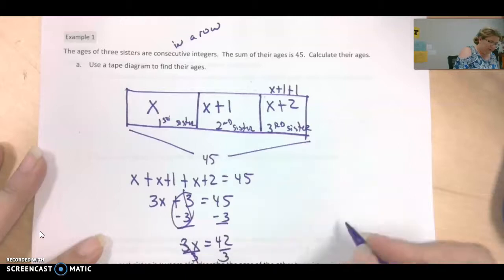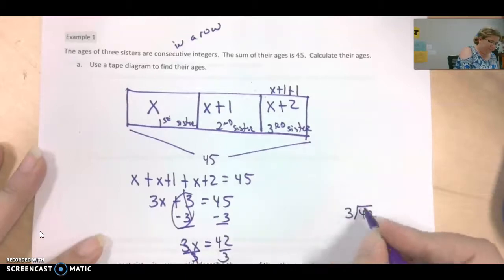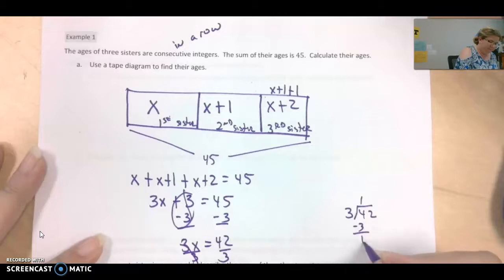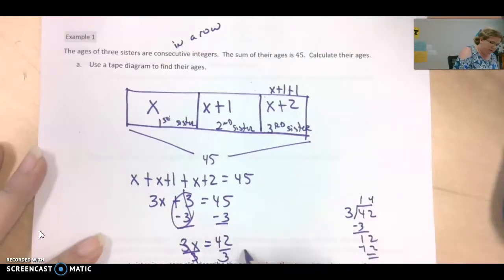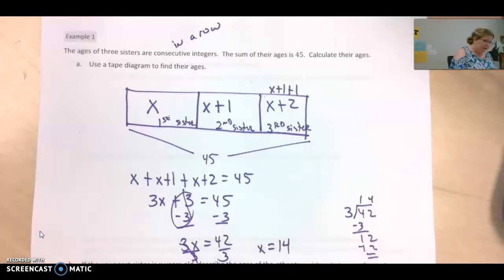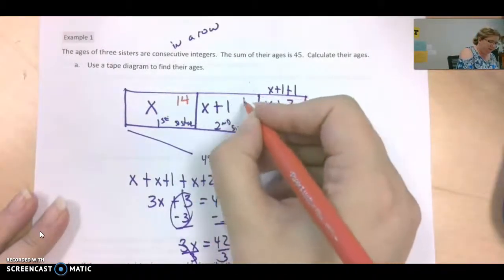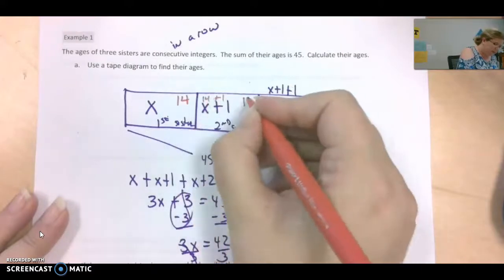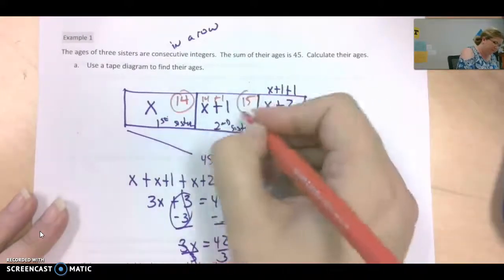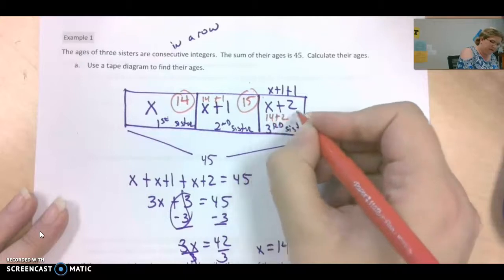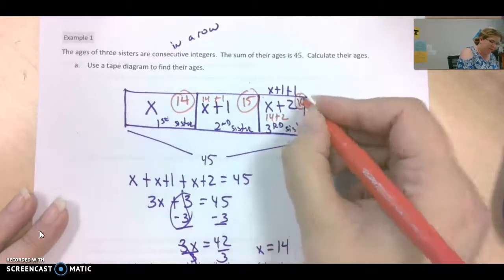Divide by 3. So, I ran out of room. I'll just put it over here. That's saying the first sister's 14. And the next sister would be 14 plus 1, which is 15. The next sister is 14 plus 2, which is 16.